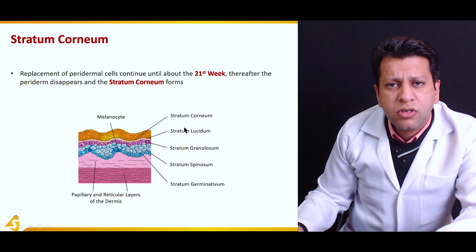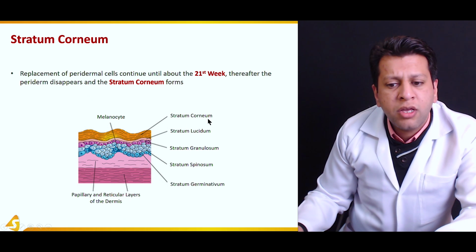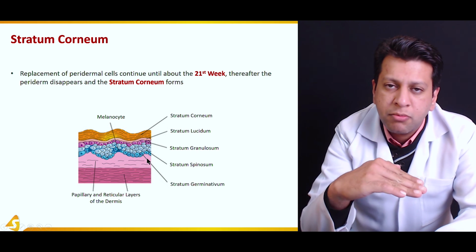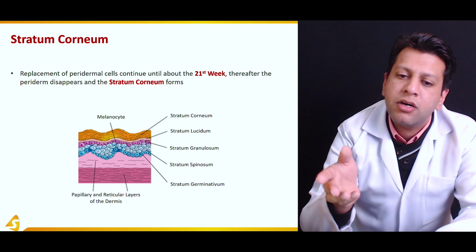What is the outermost layer? Now the periderm has disappeared, it has converted into stratum corneum, then is the stratum lucidum, then stratum granulosum, then spinosum, and the last is the stratum germinativum. And below the stratum germinativum, you have the dermis, which is divided into 2 layers, the papillary and reticular dermis layers.